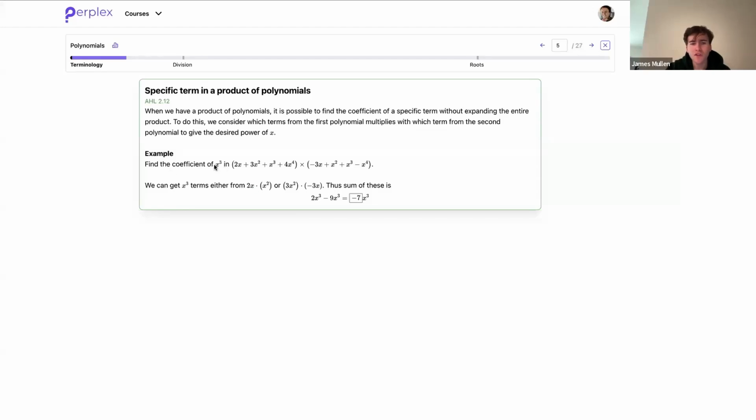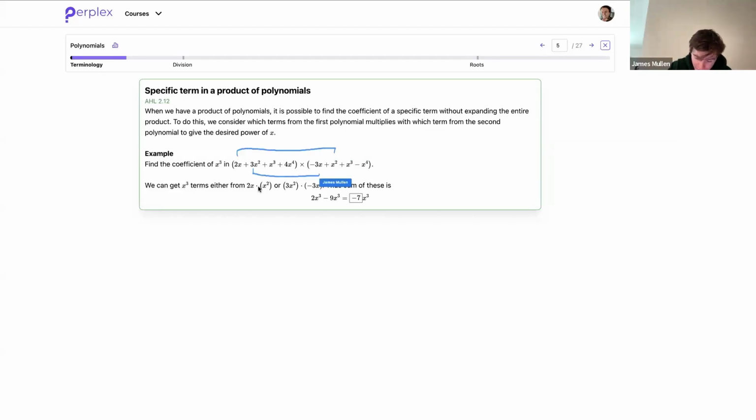So let's say I'm trying to find the coefficient of x cubed in this expansion, 2x plus 3x squared plus x cubed plus 4x to the 4 times negative 3x plus x squared plus x cubed minus x to the 4. All right, so I don't want to expand all of this out. That's going to be really annoying. Instead, what I'm going to do is realize that I can either get x cubed from doing 2x times x squared or 3x squared times negative 3x.